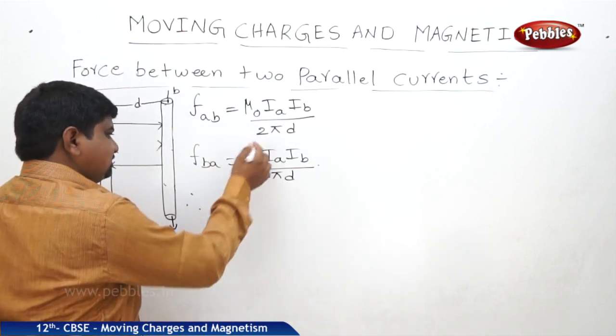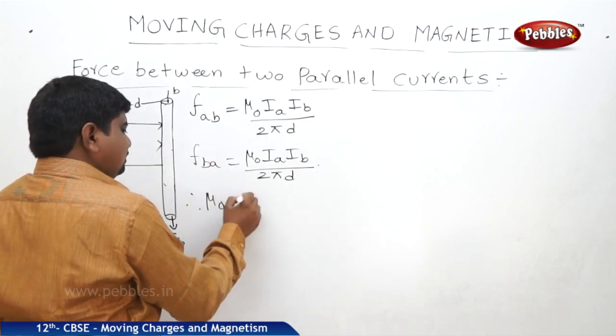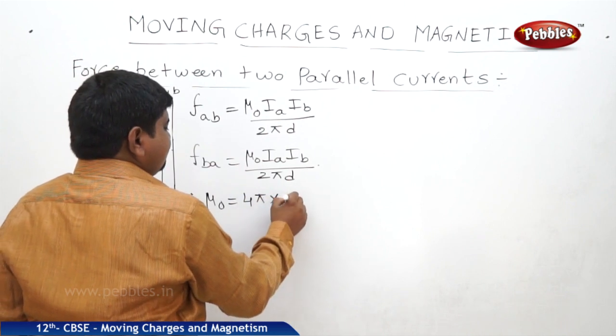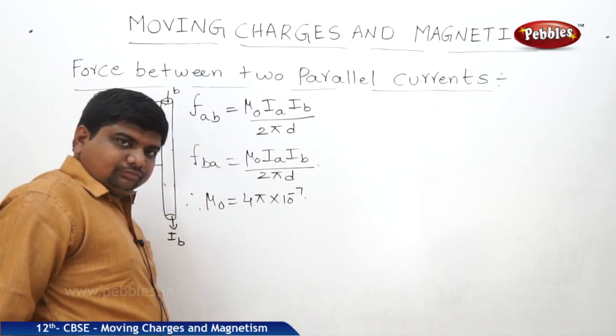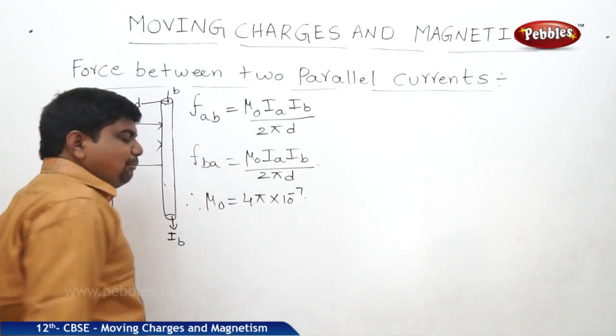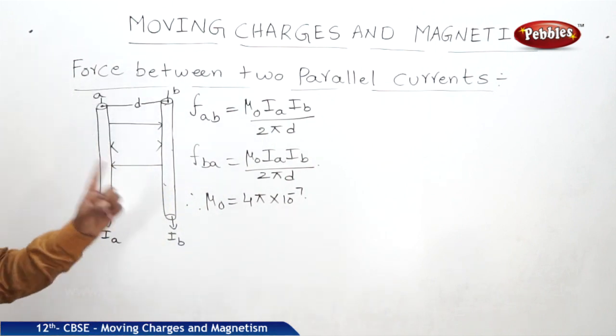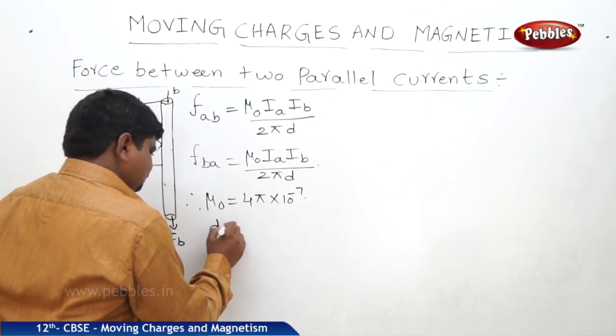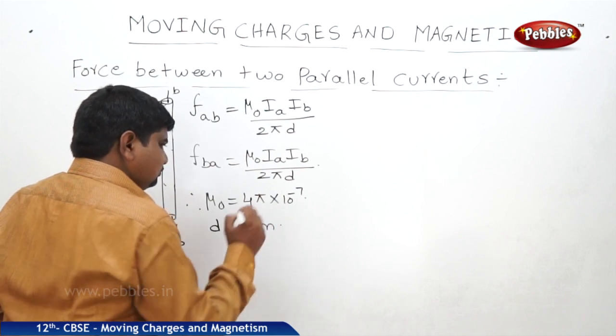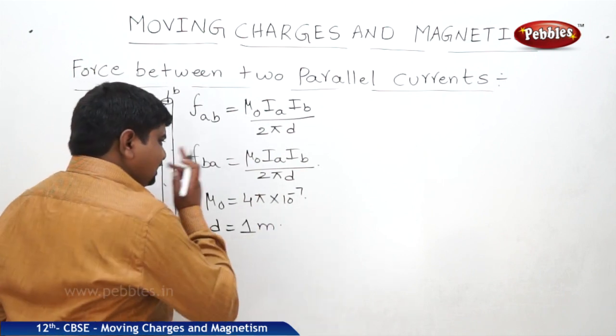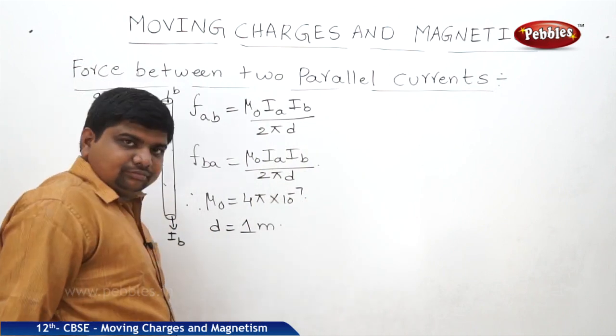From this expression we know that mu naught is equal to 4 pi into 10 to the power of minus 7. Let us take the gap between the two long conductors as 1 meter, with currents IA and IB.